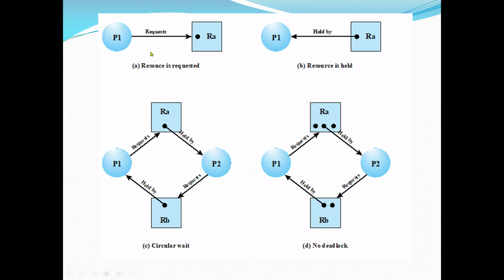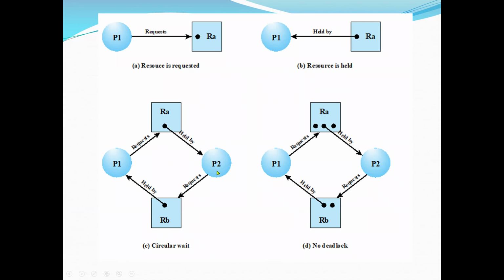So here we can see in A, we have P1 requesting the resource RA. So the resource is requested, and then the resource is held by P1. Now in the circular wait, we can see P1 requests a resource, but it is held by P2.